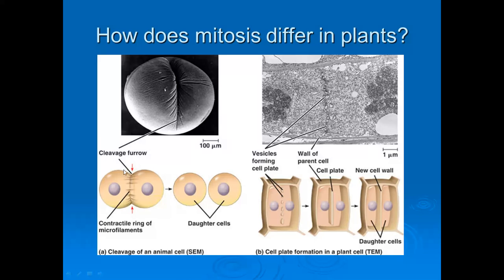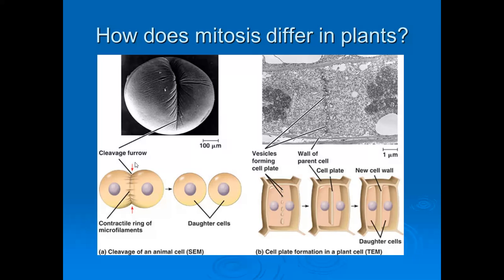And that is an indentation, whereas proteins will actually then begin to pinch the cell membrane in. All right, a cleavage furrow is formed, and the cell membranes separate. So when the furrow, kind of pinching it in, meets in the center, the cell becomes completely pinched off and two new cells are formed.